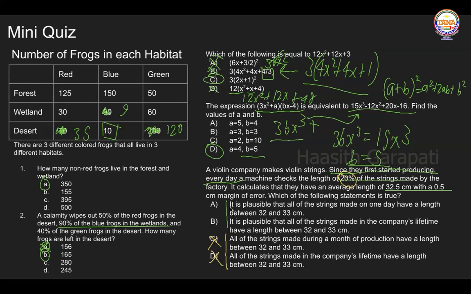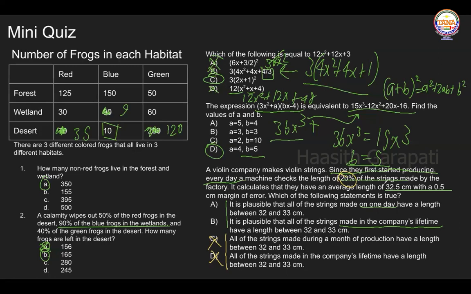Now, what about A and B? What's the difference between A and B? A says it is plausible that all the strings made on one day have the length, and then B says it is plausible that all the strings made in the company's lifetime. Now you might think, oh, A is the better answer because it is less generalized, right?